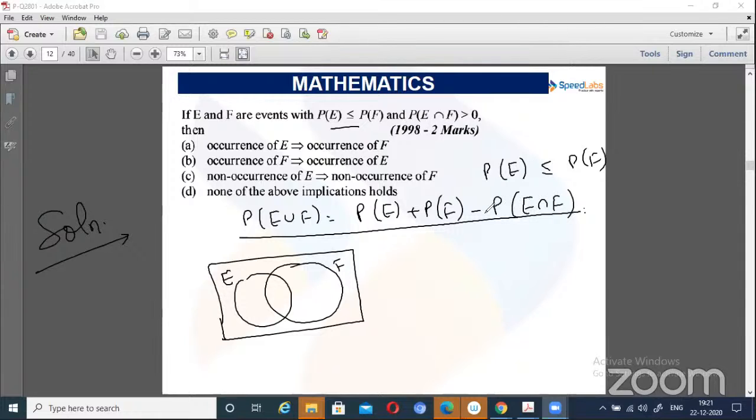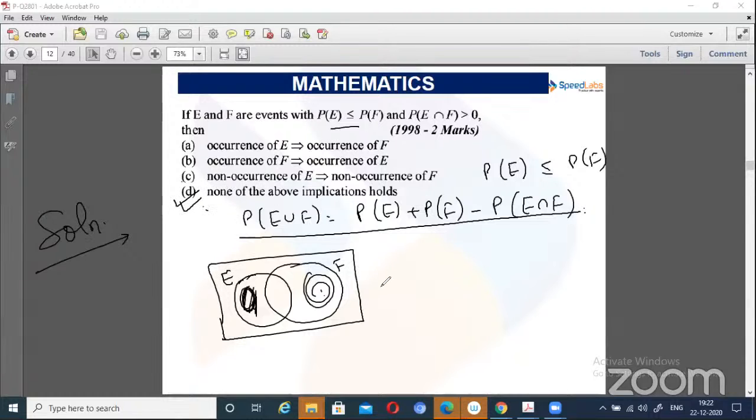Because if one is happening, the other is also. No, it does not say that. So if my probability comes from this corner, then only E has occurred. And if I take probability from here, then only F has occurred. So occurrence of E does not automatically mean F has occurred, and vice versa. Neither does C. So the correct option should be D here.